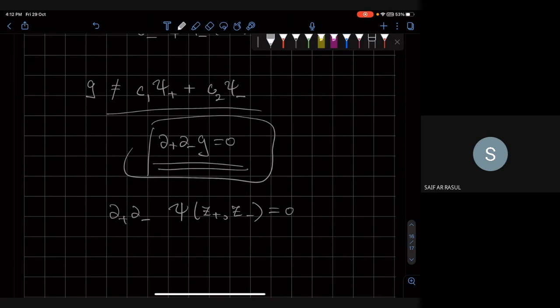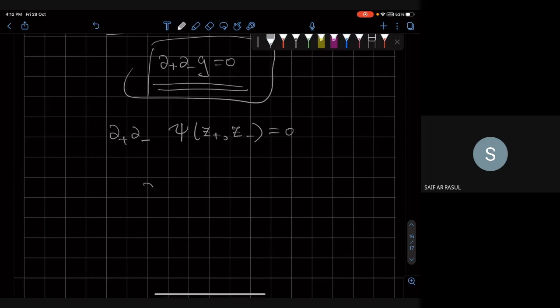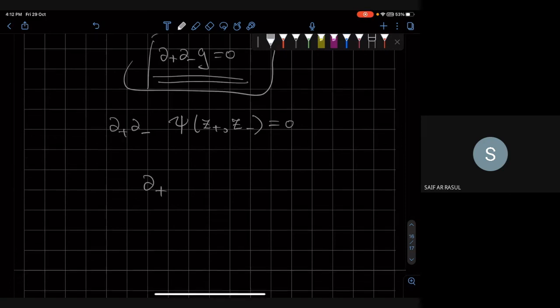Yeah, let's just see if this is true. We first do the integration with respect to Z plus, right? And then I get del minus of G is going to be F of Z minus times some constant, which is a function of Z minus, right?